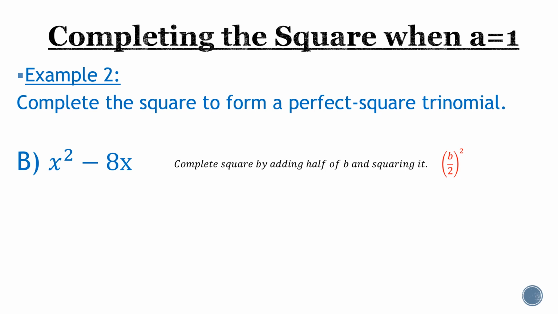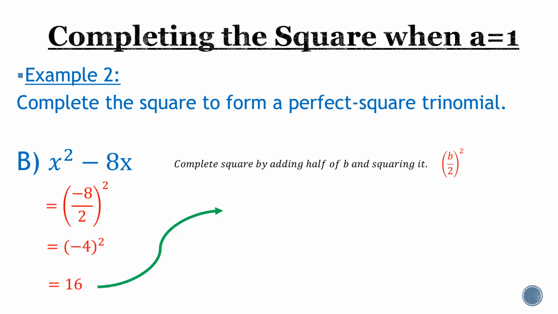We take negative 8 and divide it by 2, and we get negative 4. Then we square negative 4, and negative 4 times negative 4 is 16. All we do now is recreate our expression of x squared minus 8x and add 16 to it. That would be us creating a perfect square trinomial.